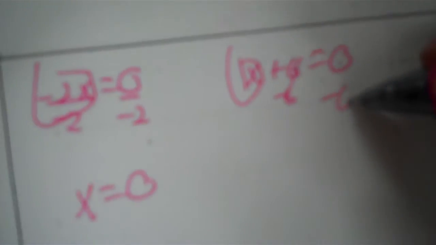Okay, here's another one, so I wrap that up. That's factor number 1, negative 2 times x. Factor number 2 is x plus 6. So negative 2x equals 0, x plus 6 equals 0. Okay, so I divide by negative 2 and I get 0. Minus 6, 1x equals negative 6.